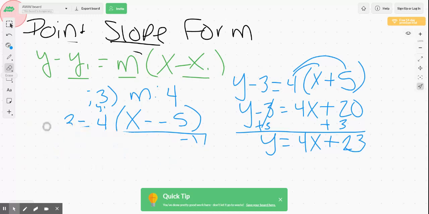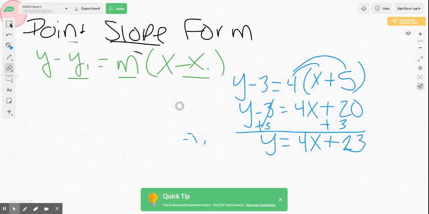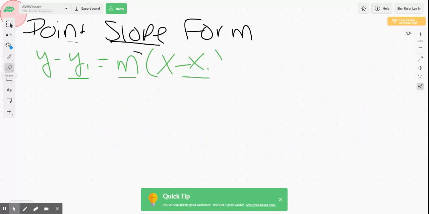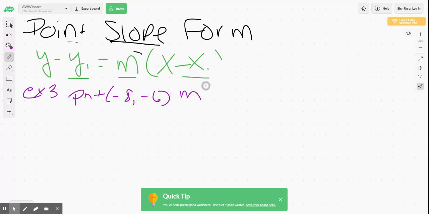Let's say that I give you a problem with a point of -8, comma -6, and a slope of 3.